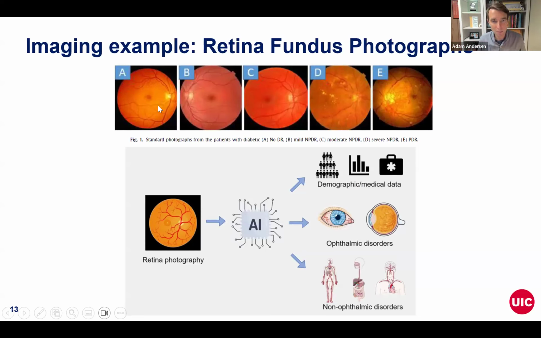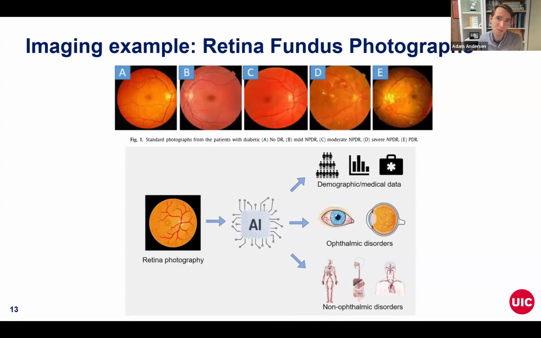So if they get labeled the right way and get fed into an AI, they can potentially detect ophthalmic disorders such as diabetic retinopathy. And they may be able to detect non-ophthalmic disorders, non-eye disease, depending on things that we wouldn't ever even think of.